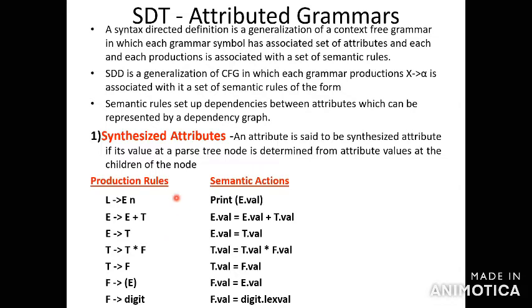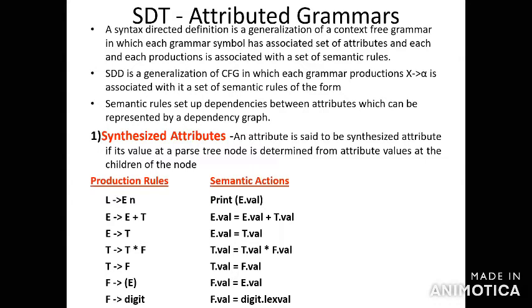Here the semantic rules are a set of dependencies between the attributes. Attributes mean you have to specify the set of attributes based on the given grammar. Based on the grammar production rules, it is represented in the form of a dependency graph. So how do we indicate the dependency graph in syntax directed translation schemes?